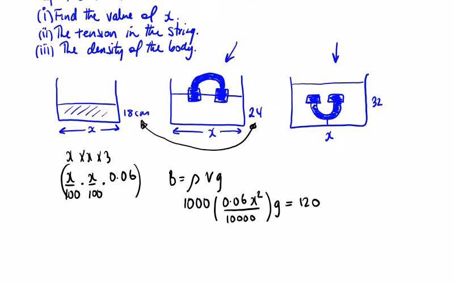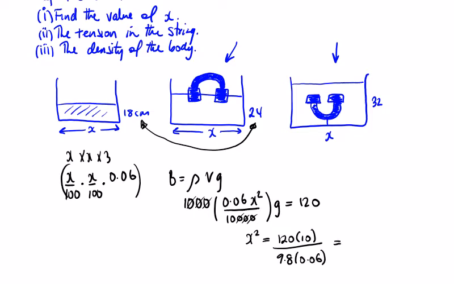Okay, well, let's multiply this out. I've got 1, 2, 3, 1, 2, 3. So we'll leave the X squared there. So we're going to multiply 120 by 10. We'll write out the sum like this: 120 by 10, and then we're going to divide by 9.8 for G by 0.06.